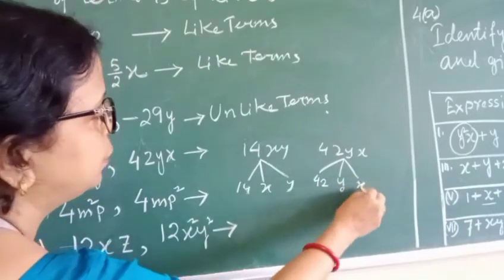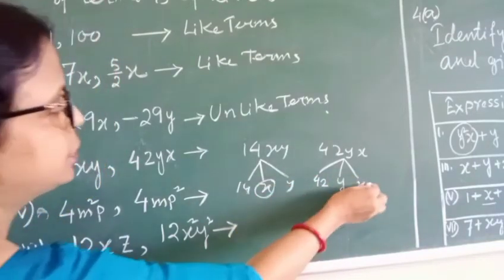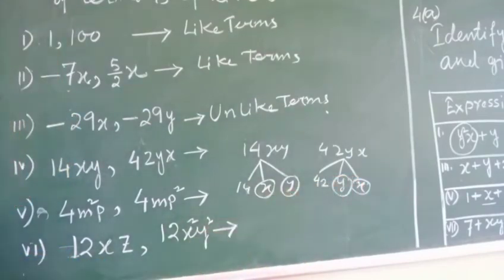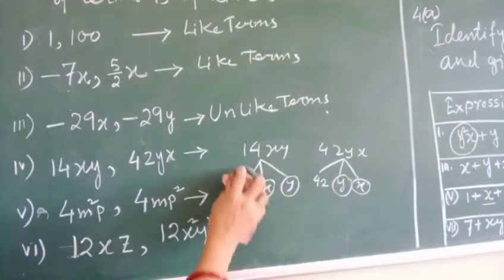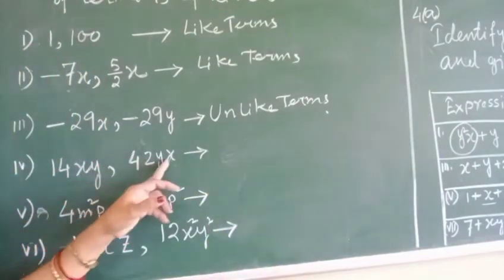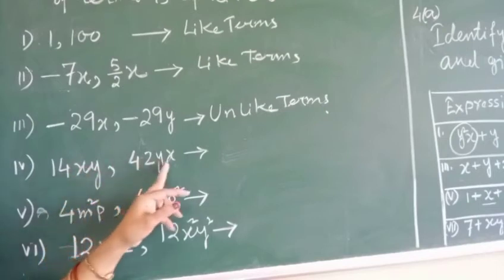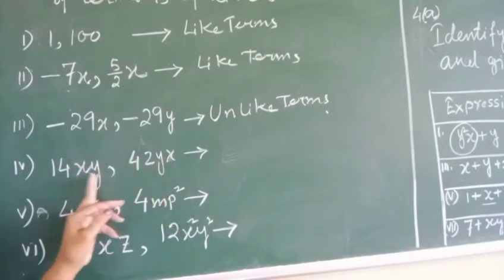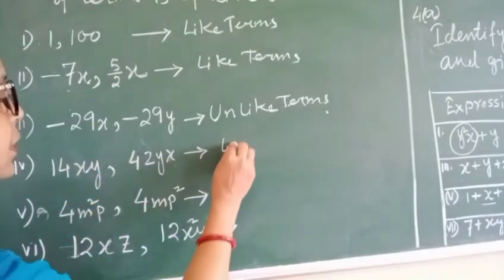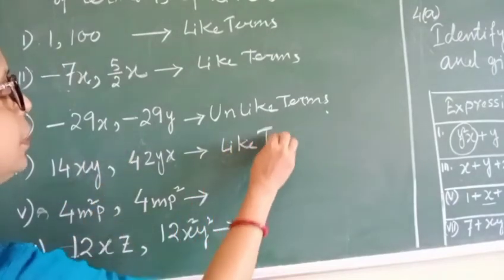So what we can see is that x is here, x is here, y is here, y is here. So the factors are same, and at the same time their powers are also same. So though it is xy and yx, the factors are same. Their powers are also same, so we can write that they are like terms.